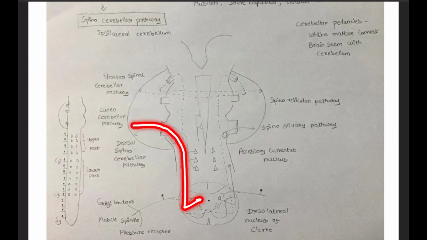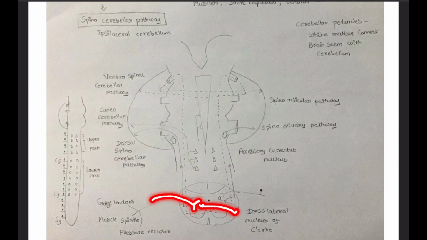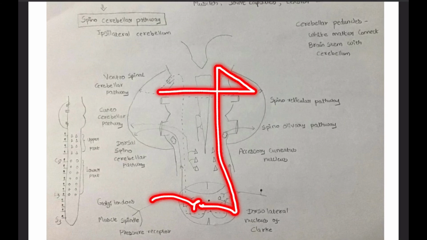And there are other sensory nerve fibers that will meet the second order neuron in the anterolateral system, and go to the opposite side, that is the contralateral side, and move upwards and through the superior peduncle go to the cerebellum, and again go to the ipsilateral side.